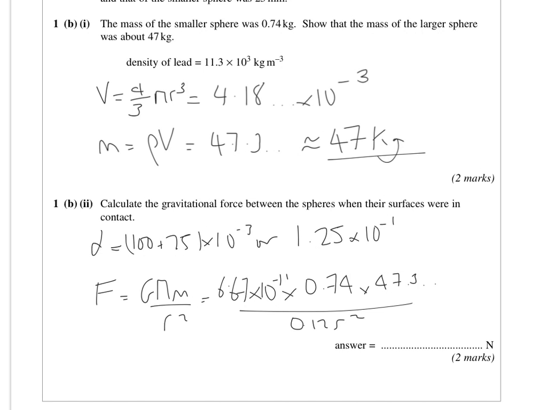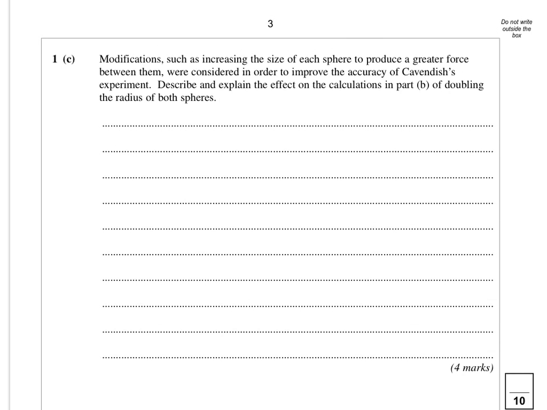Times that by 0.74, times that by 6.67 times 10 to the power minus 11, divided by 0.125 squared, and that gives you a force of 1.495 times 10 to the minus 7. So to two significant figures, that's 1.5 times 10 to the minus 7 newtons. Alright, let's move on to the next one.